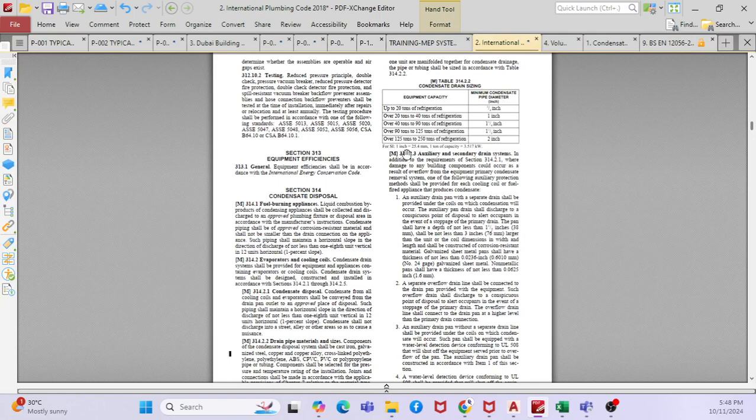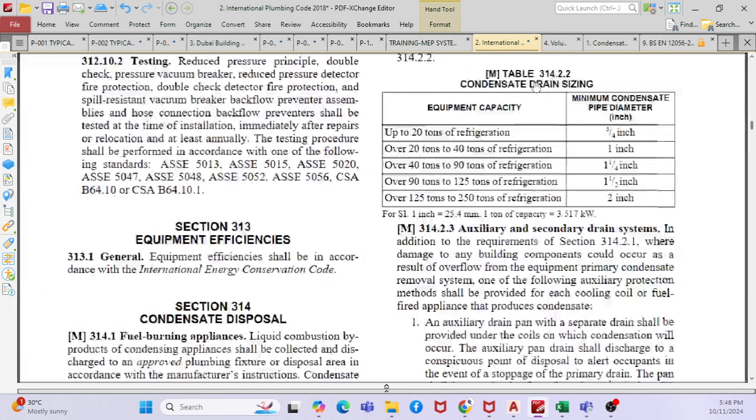Now if you talk about chapter 3, you can see condensate drain sizing. Here, up to 20 tons of refrigeration, you can use a 3/4 inch pipe. Then you can see over 20 tons to 40 tons.